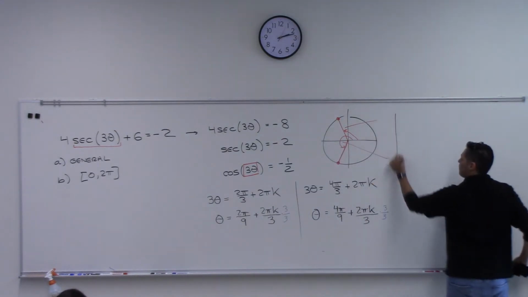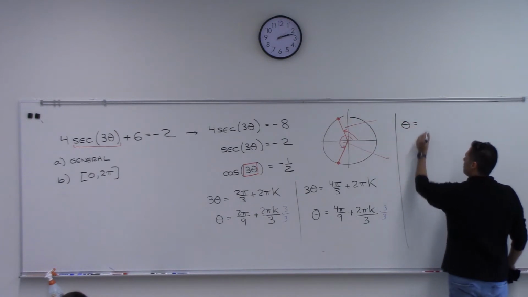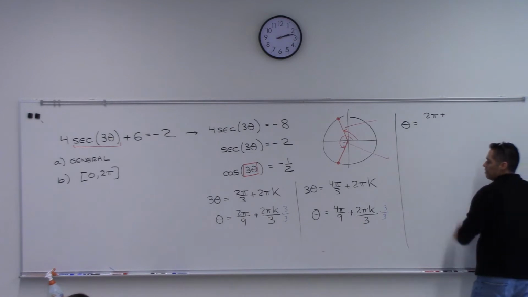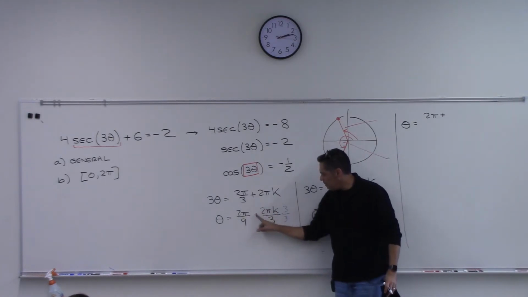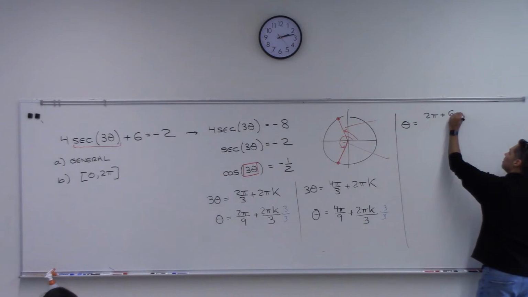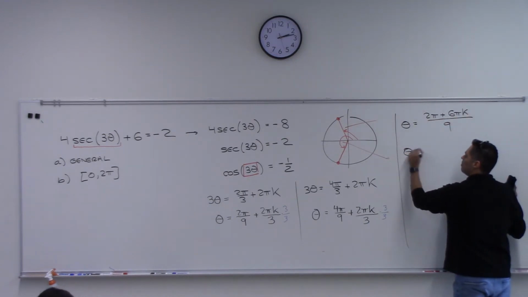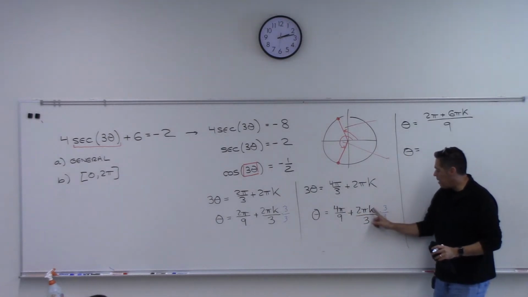So I have theta must be, let's see, 2 pi plus, what is this going to become here? We do 2 pi plus, then this is going to be 6 pi k, 6 pi k, all of that over 9. And then the other general solution would be 4 pi plus, again, 6 pi k.